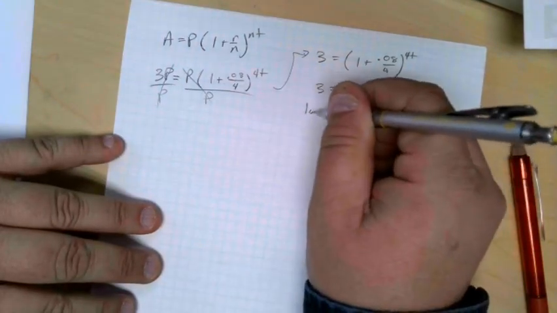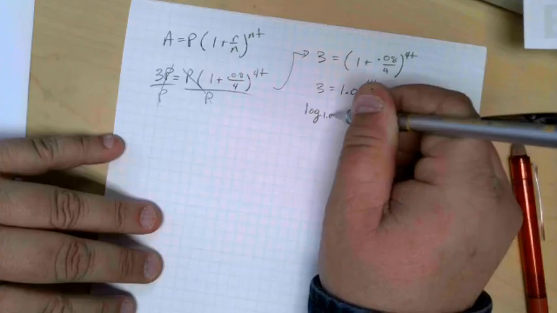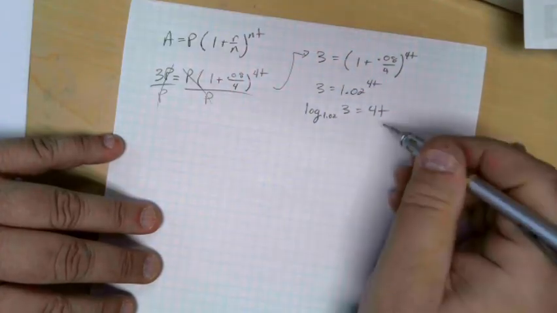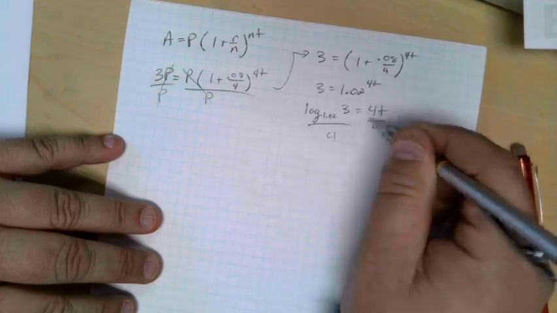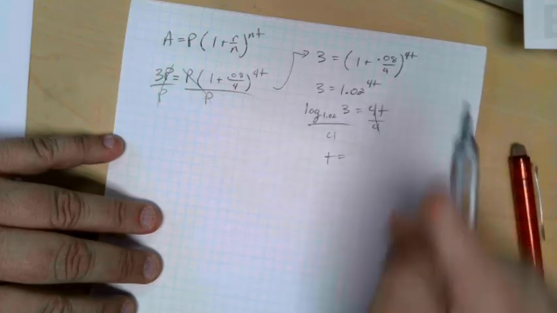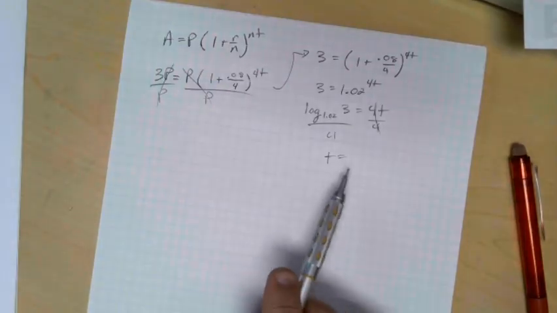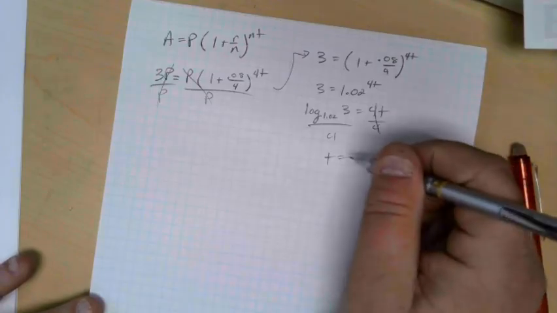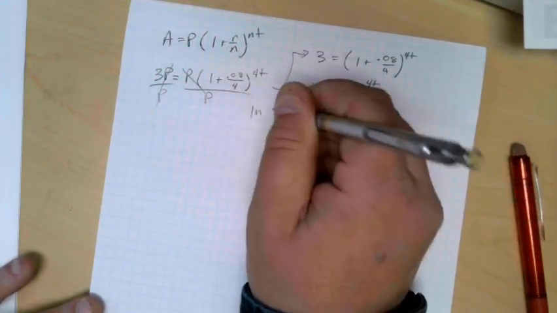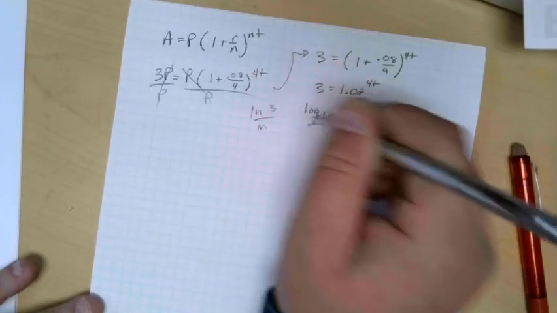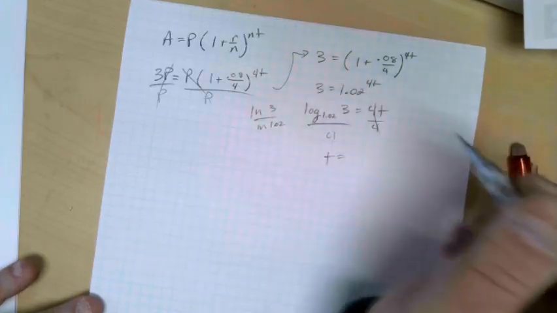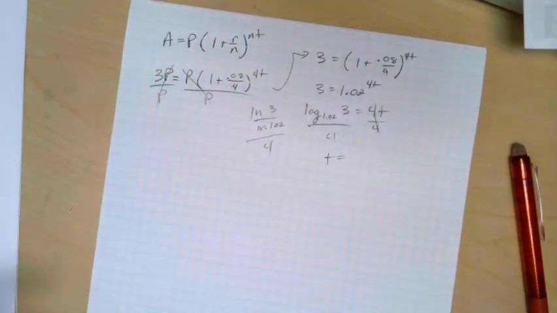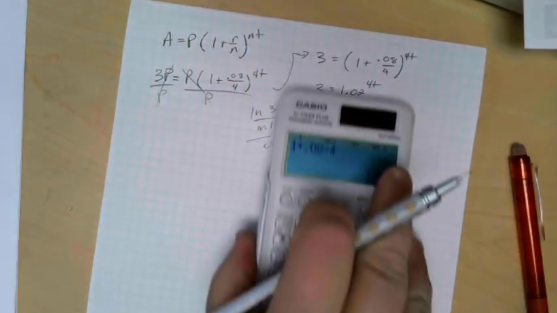So I'm going to go log base 1.02 of 3 equals 4t. Now if I just divide by 4 on each side, I get t equals that. Now, if you don't have a log base 1.02 button on your calculator, you could do the natural log of 3 over the natural log of 1.02, and then take that and divide it by 4. Okay, but I'm just going to type in just what I've got.